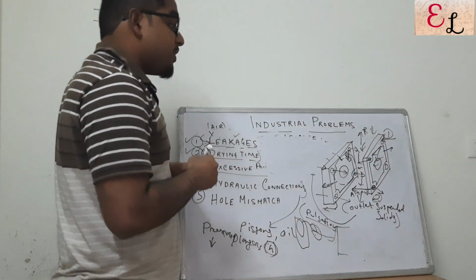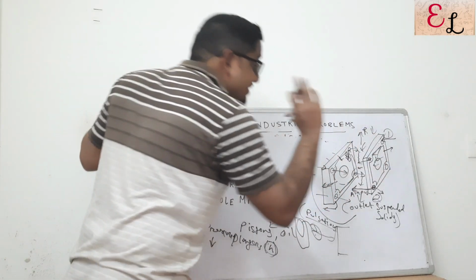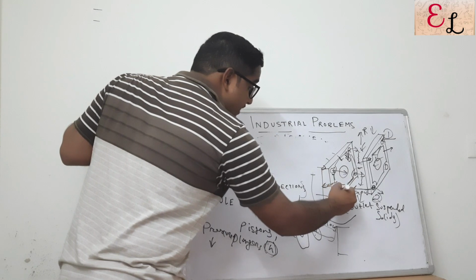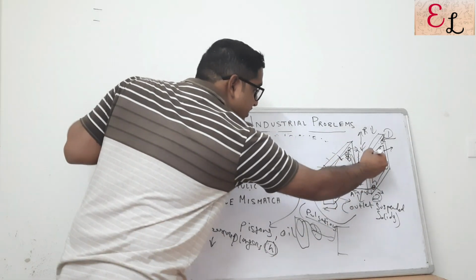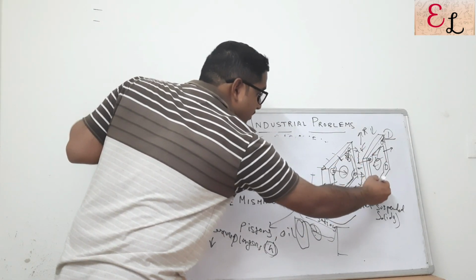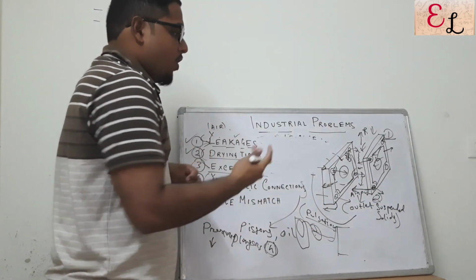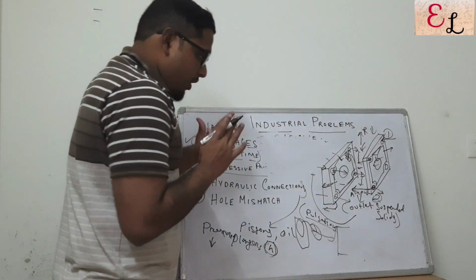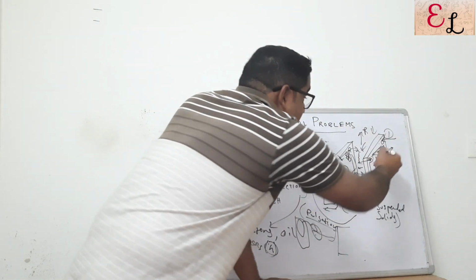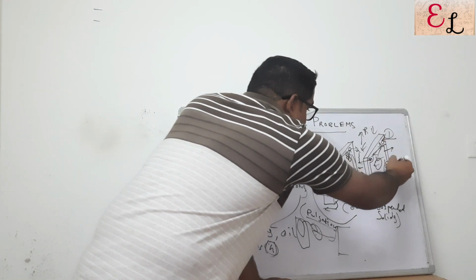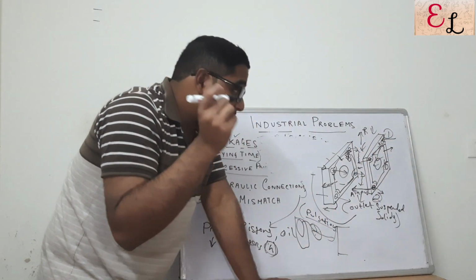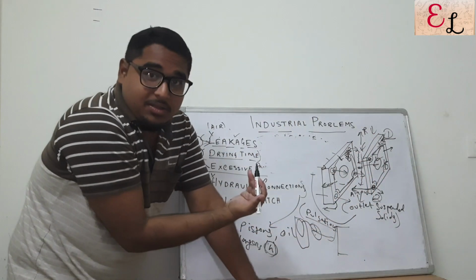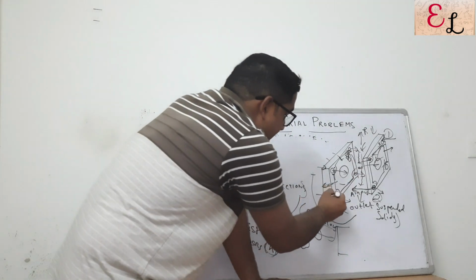The problem of excessive pressure happens when the two plates are arranged such that the drain points of the two plates are lying in line with each other. That is, this plate also has drain points here, and this plate also has drain points here on this side, on the left side of the board. So if the two drain points are in line with each other and these two pathways are blocked completely, what happens is the liquid comes in through the hole, circulates in between the two filter plates and moves through this section trying to escape.